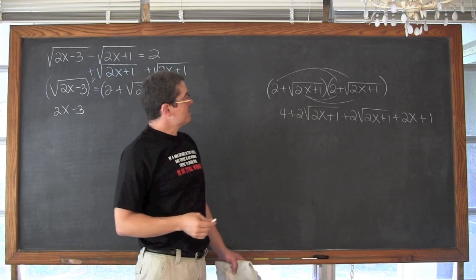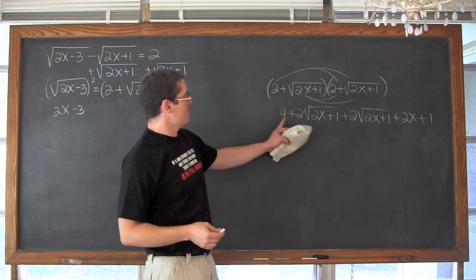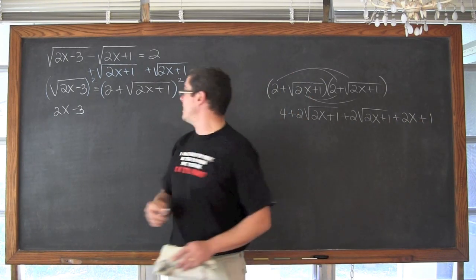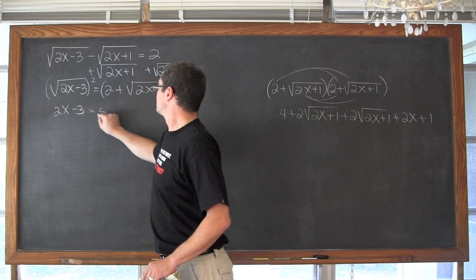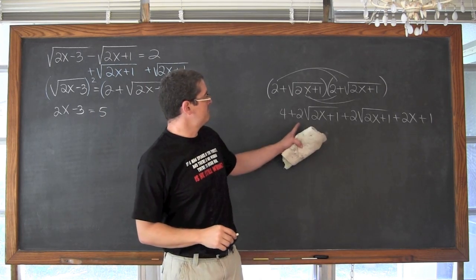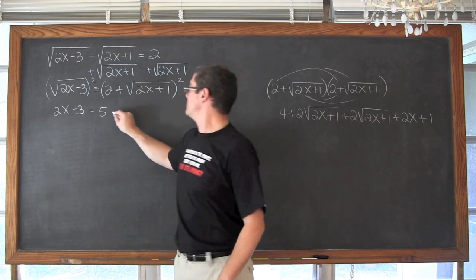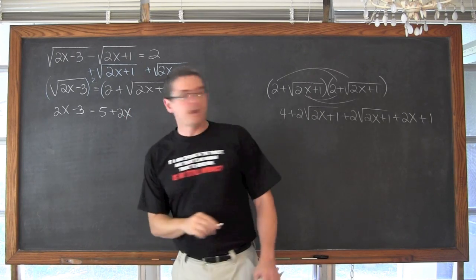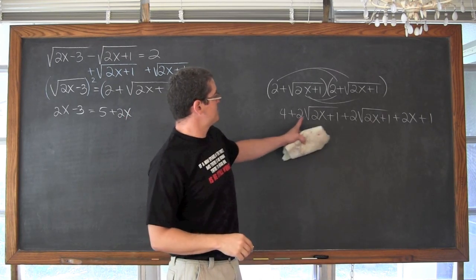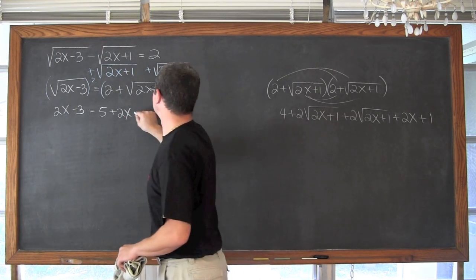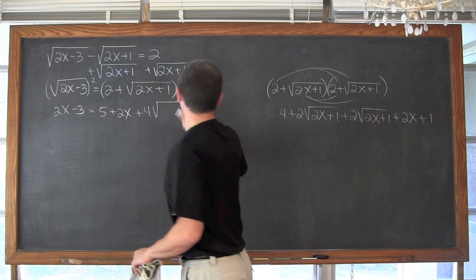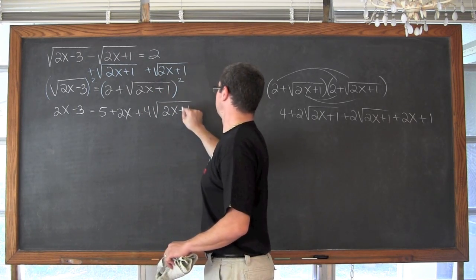Now when we combine like terms, we're going to get 4 plus 1, which is equal to 5. We're going to get plus 2x. And we're going to get 2 plus 2, which is 4, square root of 2x plus 1.